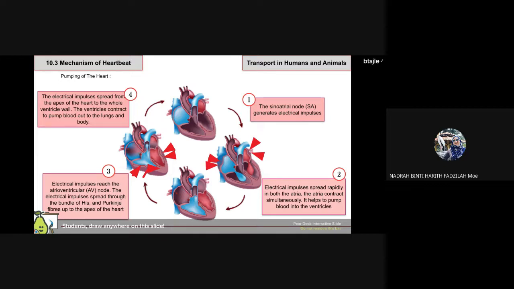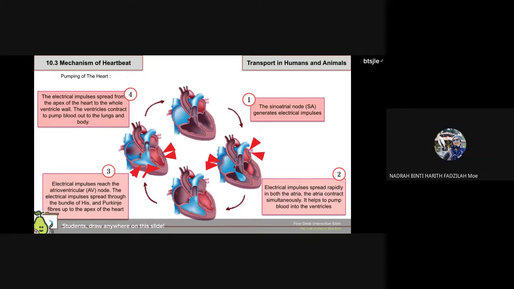So once the impulse has reached the walls of ventricles at the apex area, bila impulse dah sampai ke kawasan apex, ventricle will start to contract from the apex upwards towards the upper part of the heart. Bila electrical impulse sampai ke apex jantung tu atau muncung jantung tu ada Purkinje fiber kan.